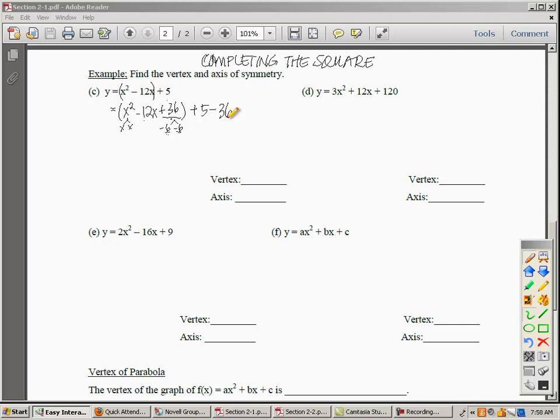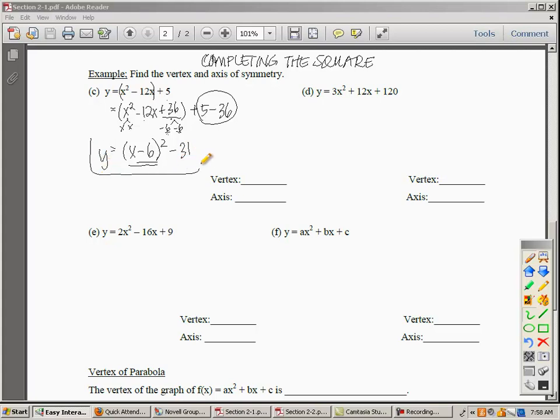Now I'm looking at this, and again, my goal is to write something squared. I used a negative 6 in order to get 36. So my parabola is x minus 6 squared. And so what I did is we call completing the square so that I could end up making this. And then what I'm going to do is combine these two together to get negative 31.